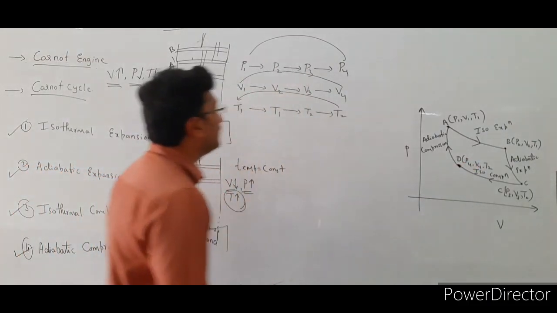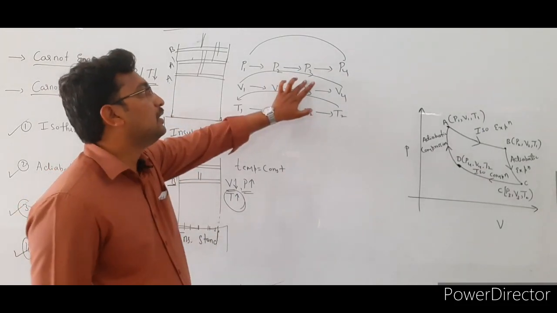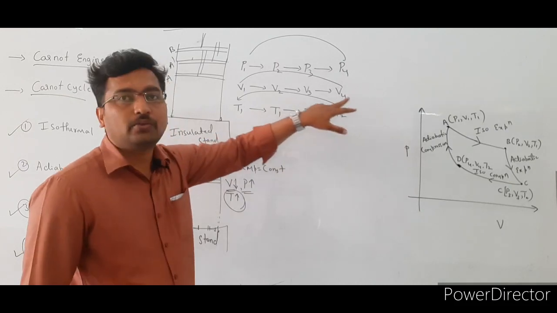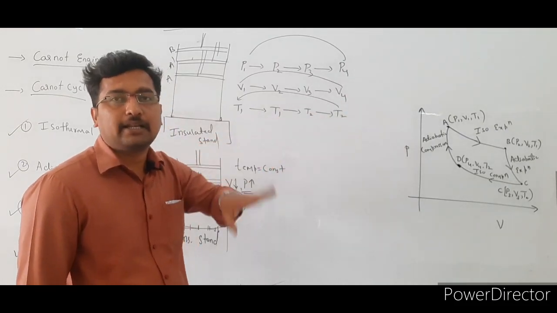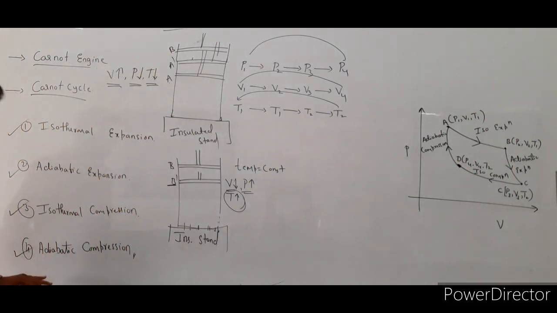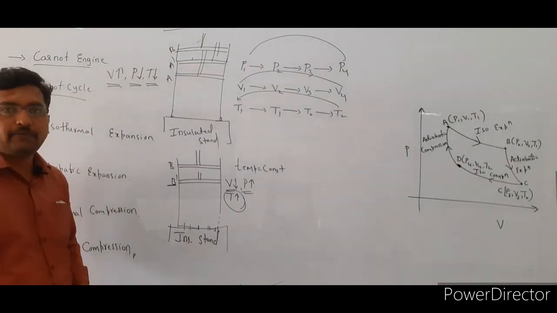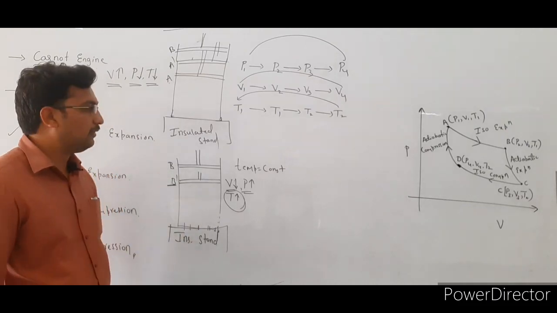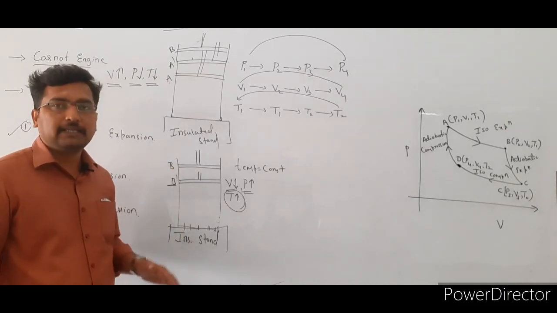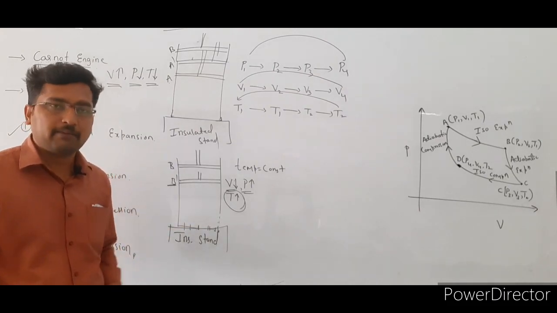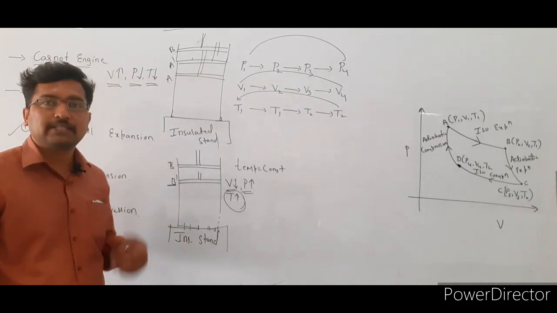In this case, the state of the system changes from P3 to P4, V3 to V4, and T2 to T2. The temperature remains constant. And the last step is adiabatic compression. Again, we place the same cylinder on an insulated stand and compress the working substance adiabatically till it reaches its initial state.